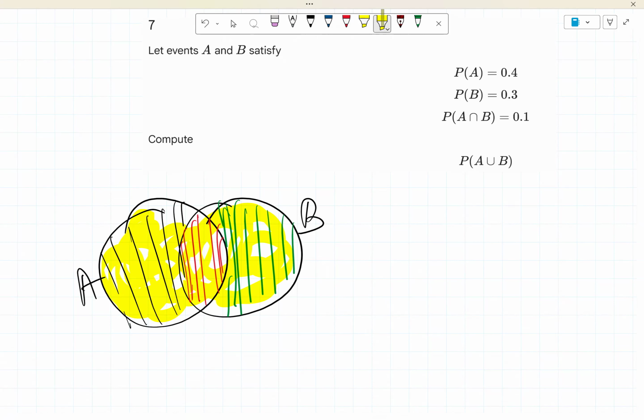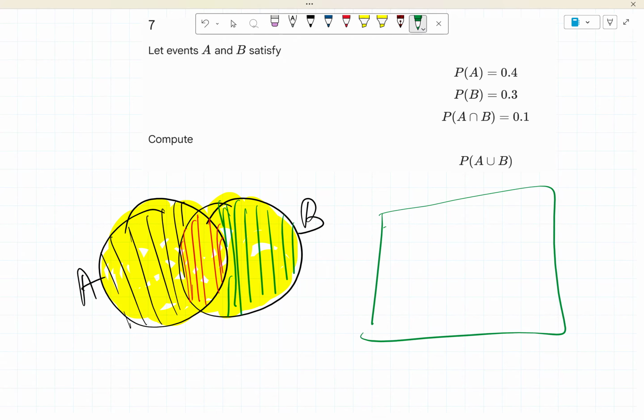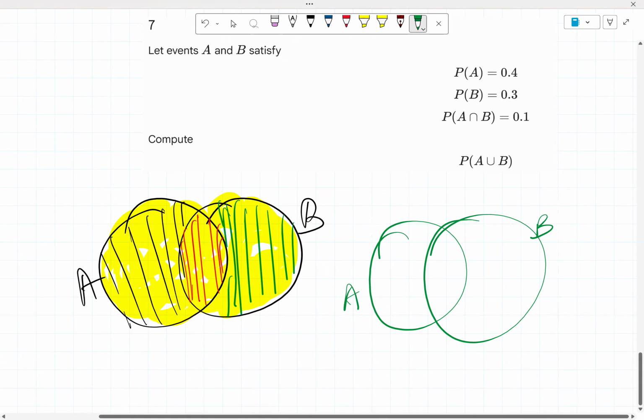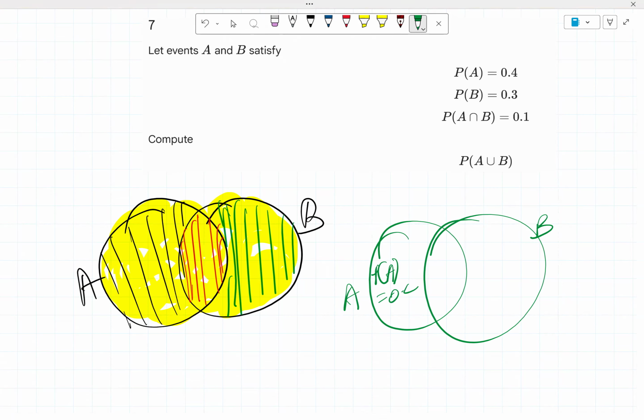So if you understand what is going on here, you will discover that if you want to represent it as a region, as a set now, you have this, you have this. So this is A, this is B. Probability of A is equal to 0.4.